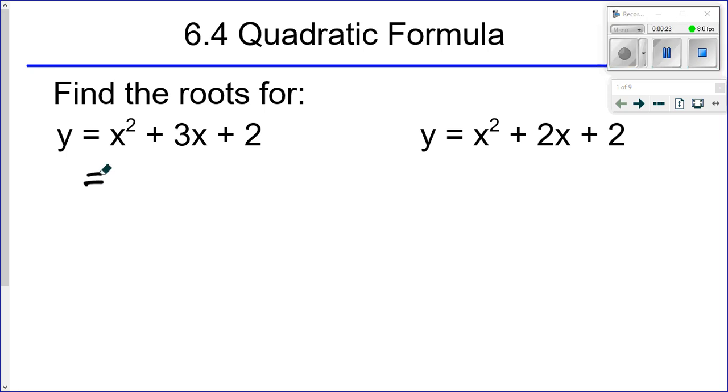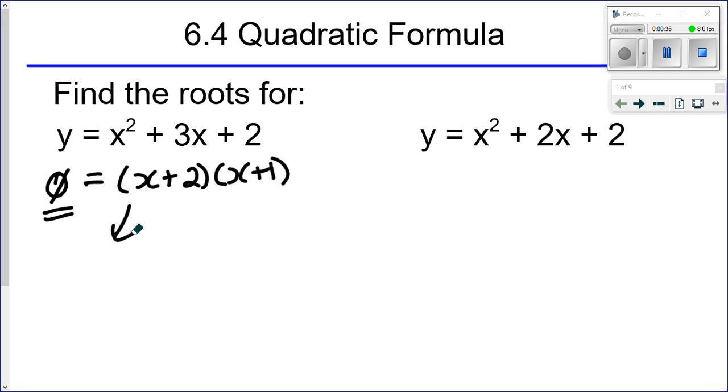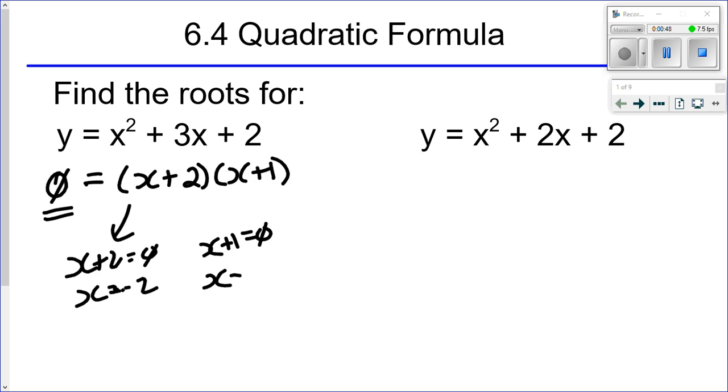So find the roots. We got to set y to 0, two numbers, x plus 2, x plus 1. And then we break it up, right? X plus 2 equals 0, x equals minus 2. I'm rushing because this is easy. Do some algebra control.